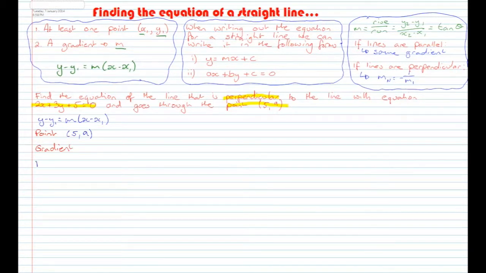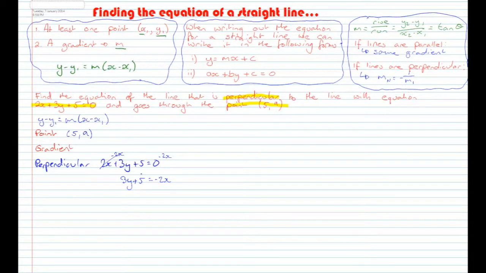So the gradient of the line is going to be perpendicular to the line 2x plus 3y plus 5 is equal to 0. First of all, before I go any further, I need to rearrange it into y equals mx plus c form. So I'm going to minus 2x from both sides, leaving us with 3y plus 5 is equal to negative 2x, when these x's cancel out.